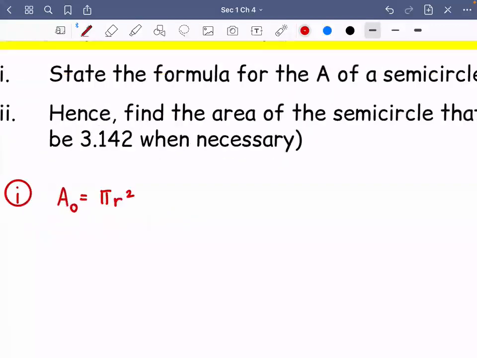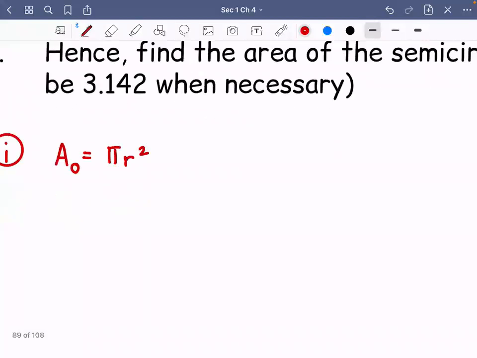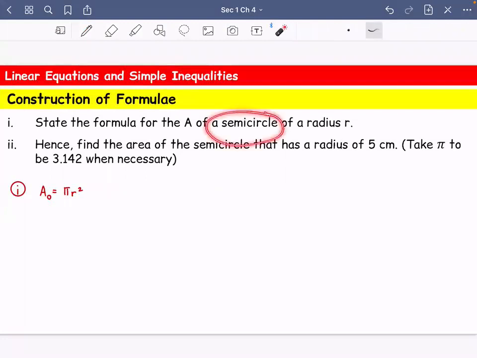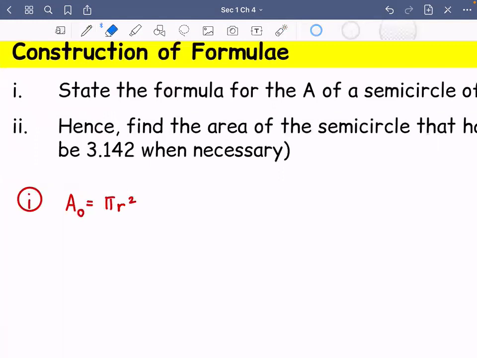But how about for a semicircle? Do you guys have any idea what's a semicircle? Just take a guess. It's a circle, and then what's a semicircle? Semicircle is, of course, half of a circle, right? So if it's a semicircle, let me change my formula now.